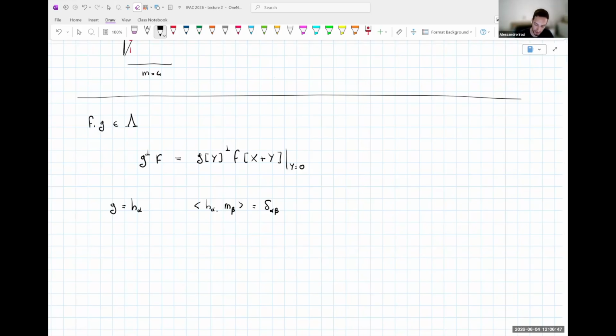So we expand this thing in y, looking at the monomial expansion in the y variables, thinking of the x variables as coefficients. We look at the coefficient of m alpha, and applying the skewing by h alpha is just saying we look at that one coefficient.